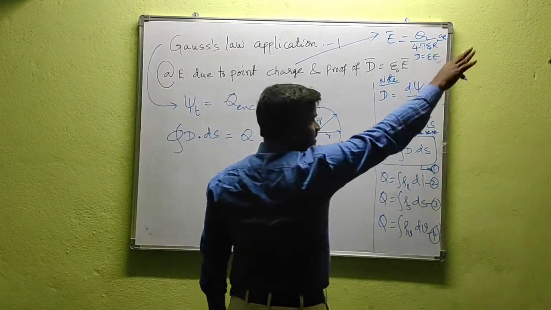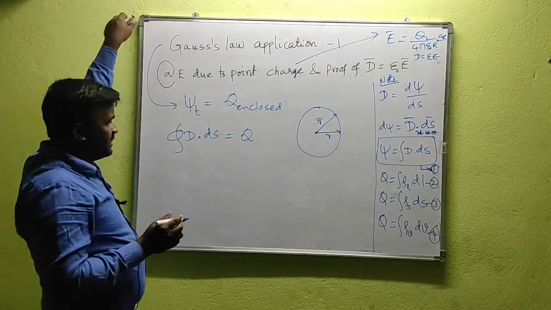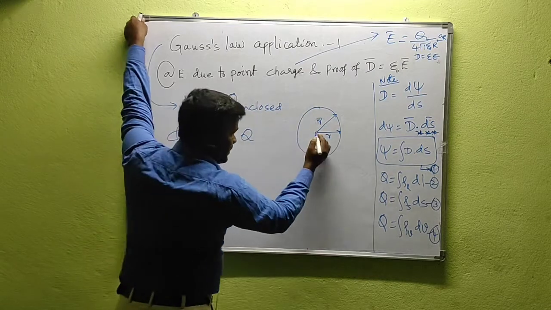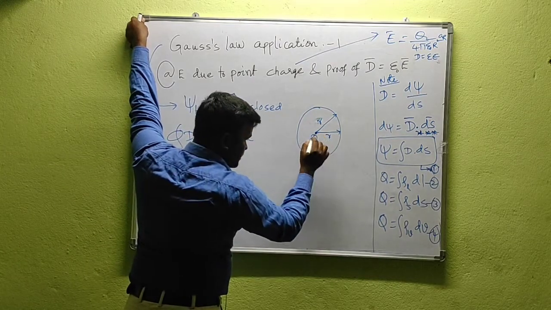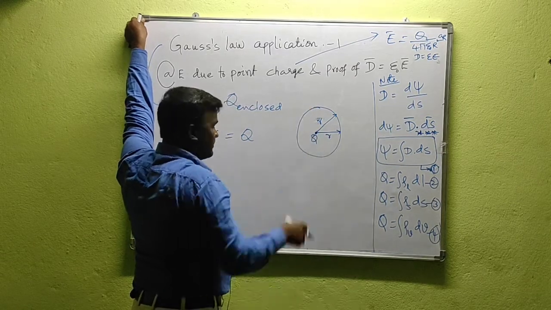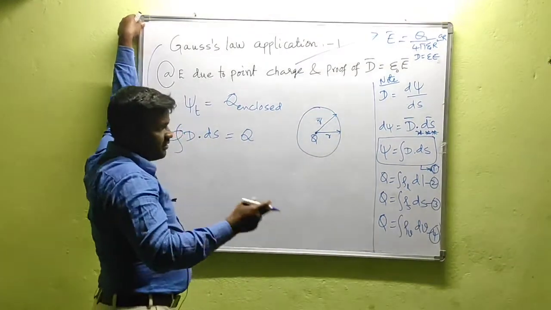Here r means the distance between the point charge and the field point. The charge is located at the center of the sphere of radius r, and the center of the sphere is located at the origin of the coordinate system.